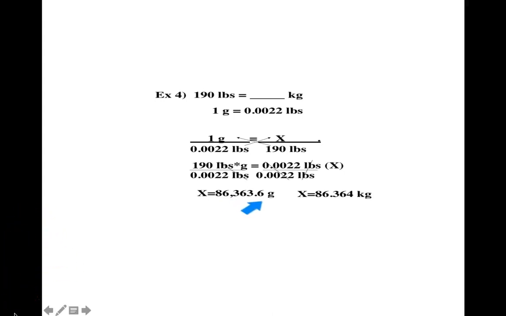We still need to remember that we were asked to convert into kg, kilograms. Because we are in the simple metric system, we just move the decimal position three places to the left, which gives us our final answer: 86.364 kilograms.